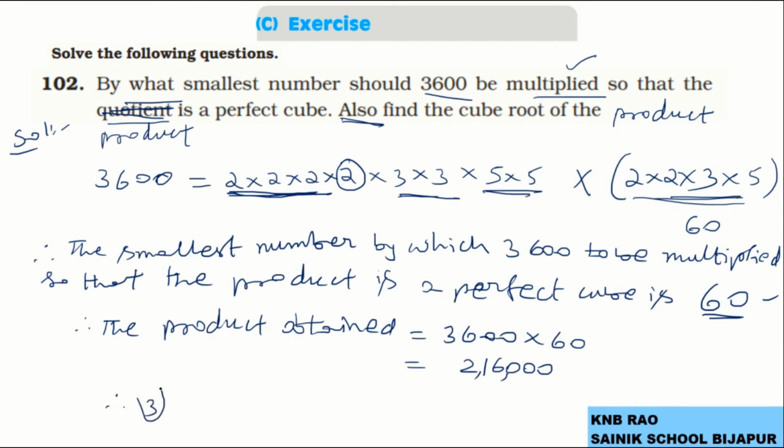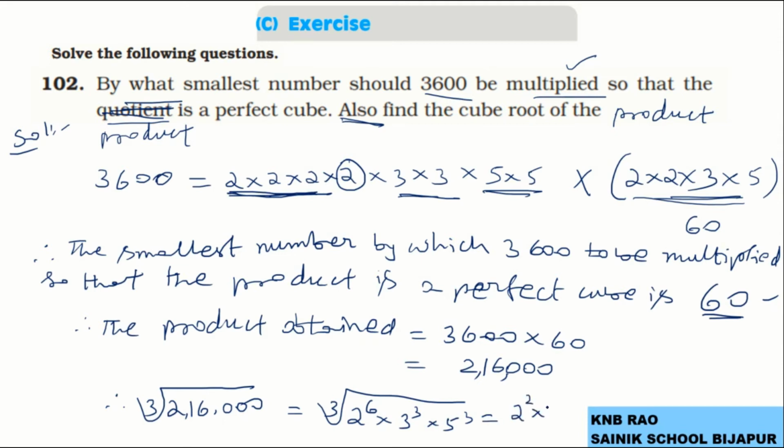Therefore, the cube root of 2,16,000 is the cube root of 2 power 6, 3 cube and 5 cube, which gives 2 square into 3 into 5. What is the product? It is 60. 60 is the cube root of 2,16,000. So this is how we solve question number 102.